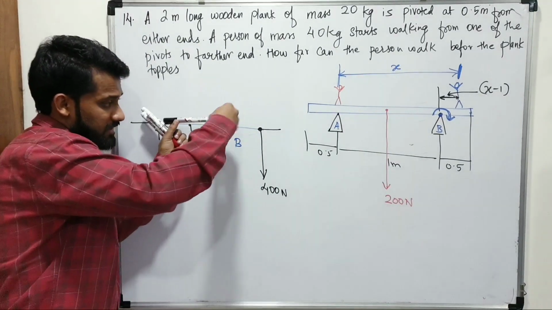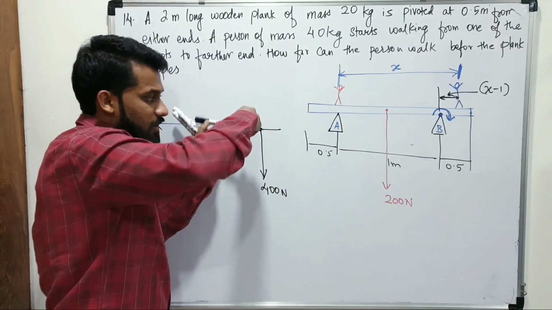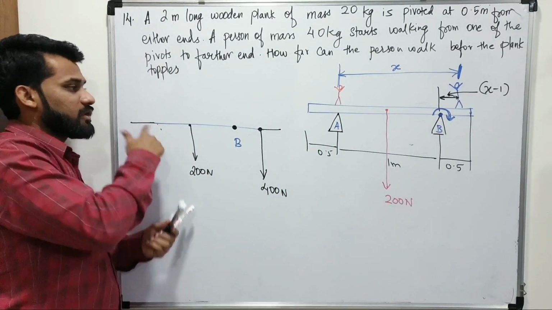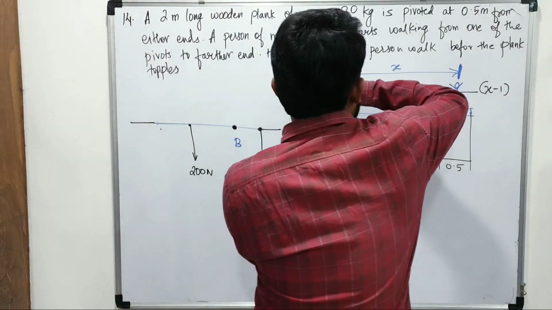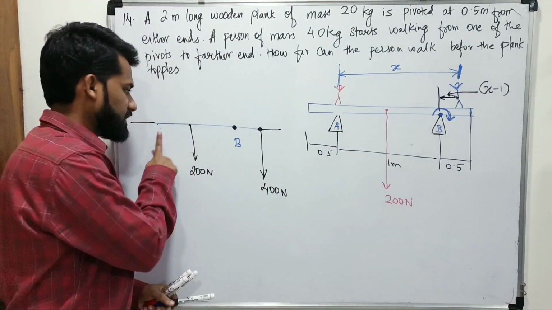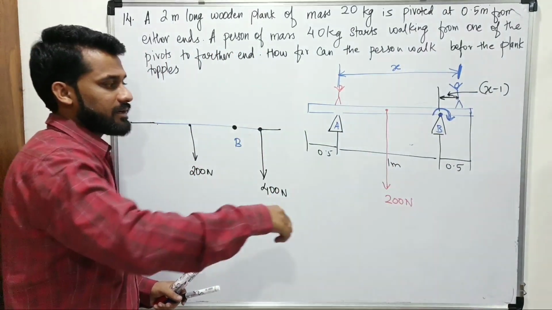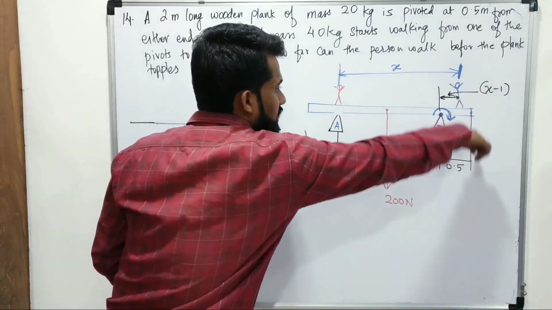But the moment when the person has just reached distance x, when the plank is just about to topple, this force will become 0, because it will just lose the contact from A. When it starts rotating, it will lose the contact, so there is no reaction force. Only two forces will act: the weight of the plank and the weight of the person.